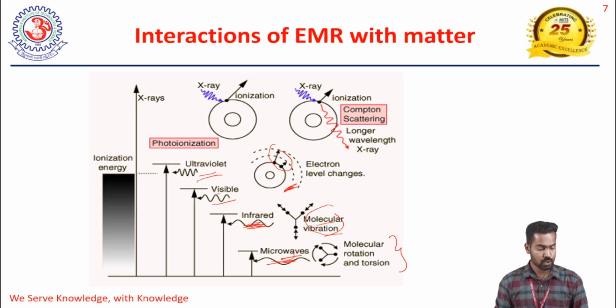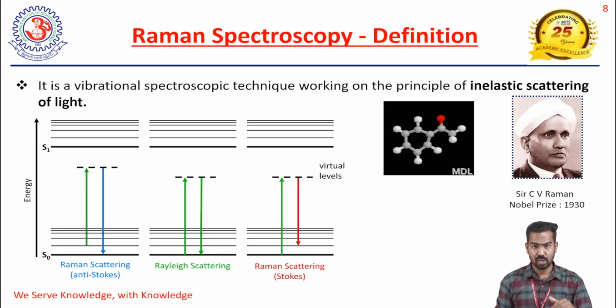Moving to the next slide, what you can see here is very simple. We are already covered what spectroscopy is, and next we are going to discuss what we mean by Raman spectroscopy. Now you are able to define spectroscopy: it is the study of the interaction of electromagnetic radiation with matter.